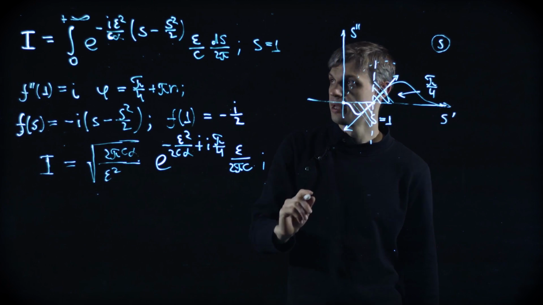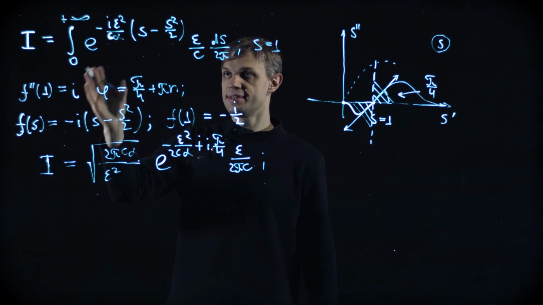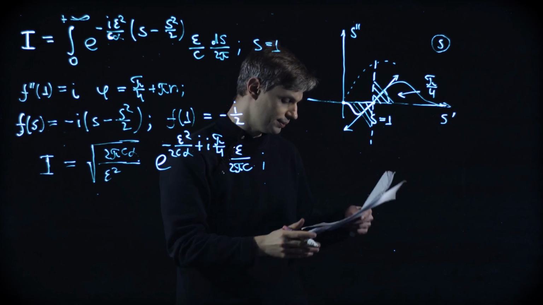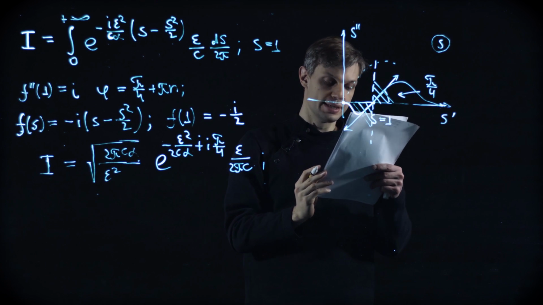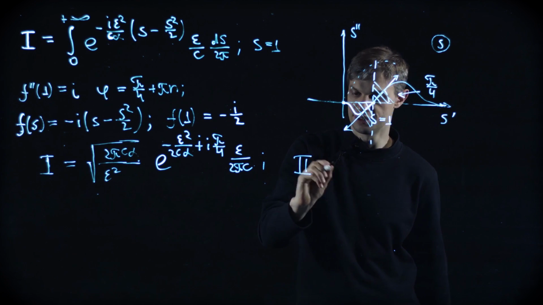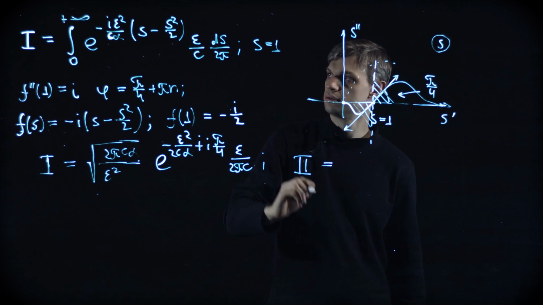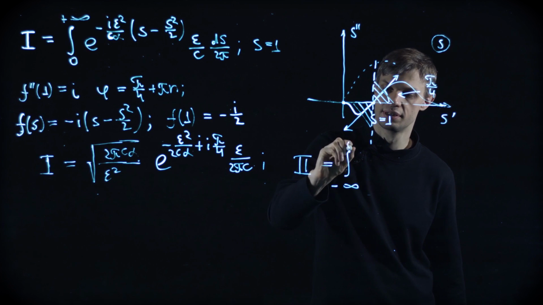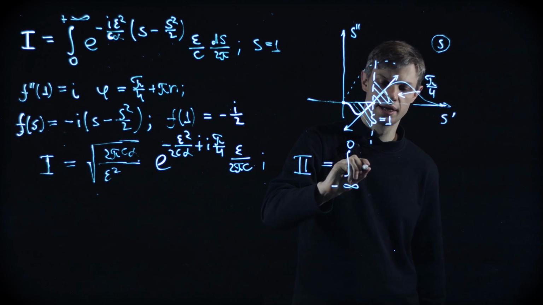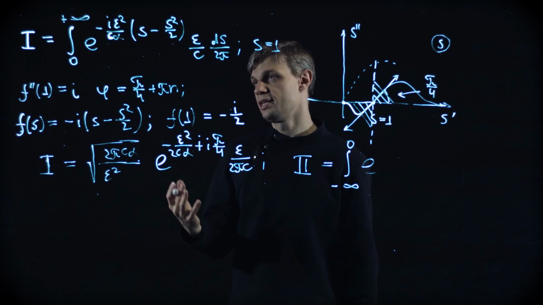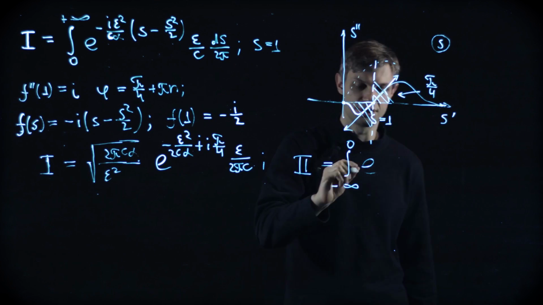Now the second integral. The only difference between the first one and the second is a sign change here, as you remember. Right, so let's write it down. So our second integral is equal to the integral from minus infinity to 0, and we may introduce the same kind of rescaling of our integration variable.